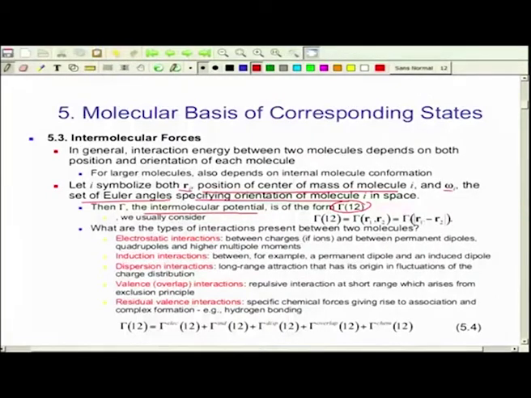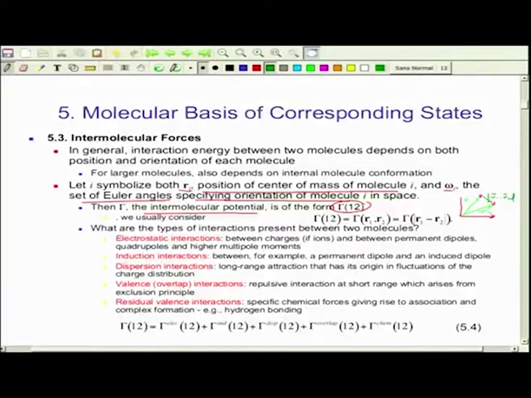This is what we typically use. So this may be R1, this may be R2, but our interest is basically R1 minus R2, and the modulus of that.